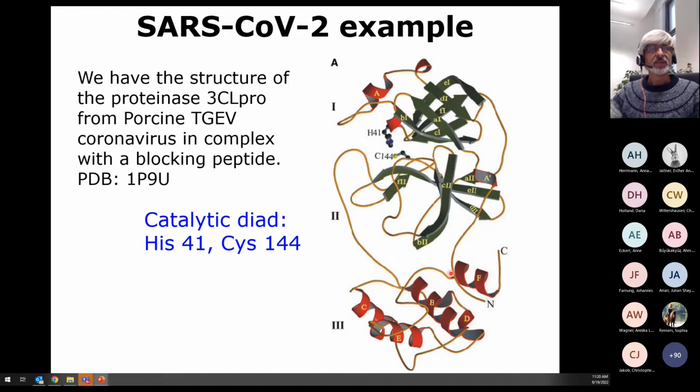Okay, and so it's important to know that there are 2 residues, which in the SARS from pig are in positions 41 and 144. It's a histidine and a cysteine, which form a catalytic dyad, which actually performs the proteinase activity, and which are the ones that are blocked when you put the drug.